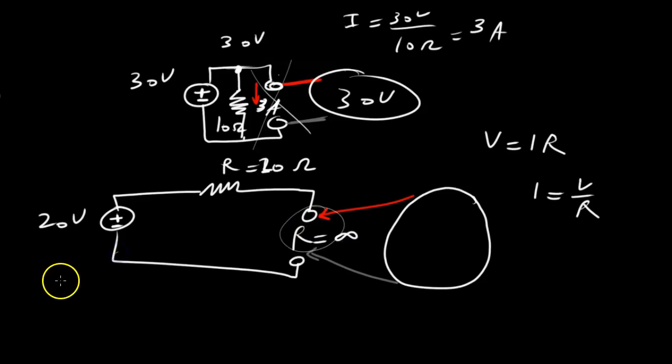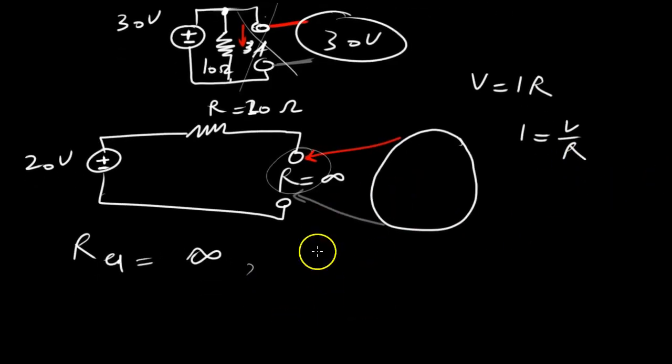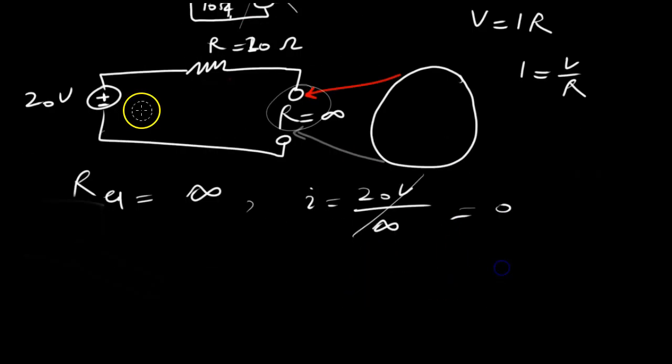So when we add up infinity and 20 ohms, infinity is so huge that you don't even have to worry about the 20 ohms. So we'll just say infinity. The current is going to be the voltage, 20 volts, over infinity, which if you take a limit, you get a current of 0. That makes sense mathematically.